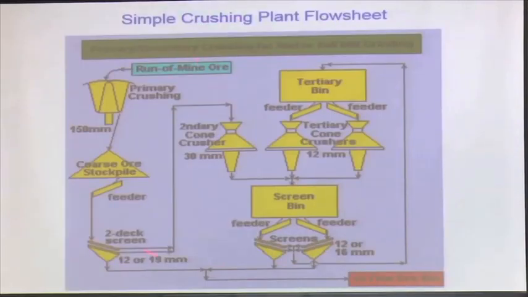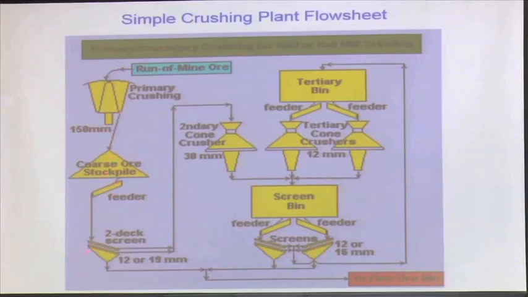This is how the entire iteration loop works, like a flowchart where you give conditions. Here I have got my mine, I have got a crusher, and I want particles below 150 millimeter.